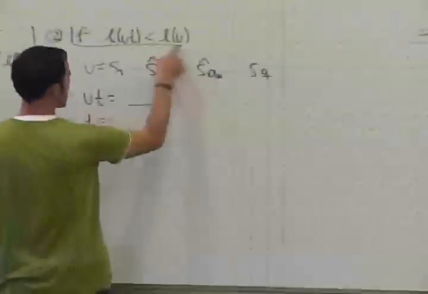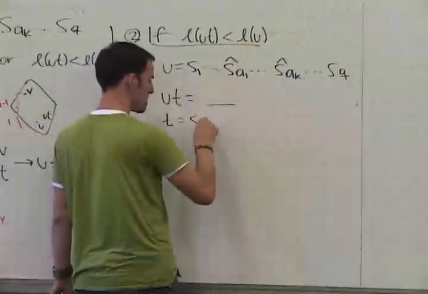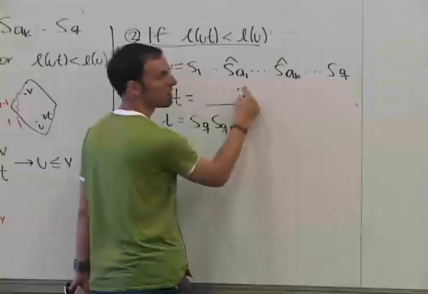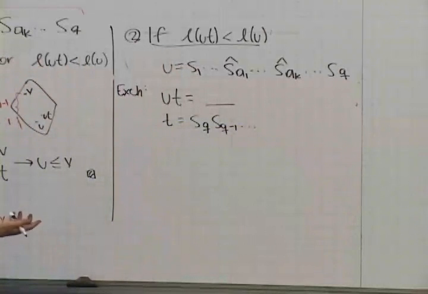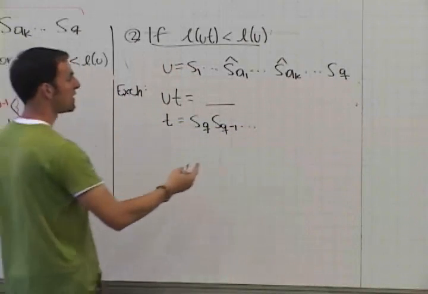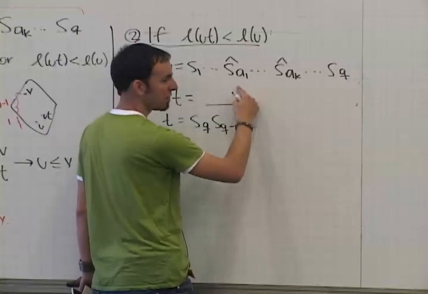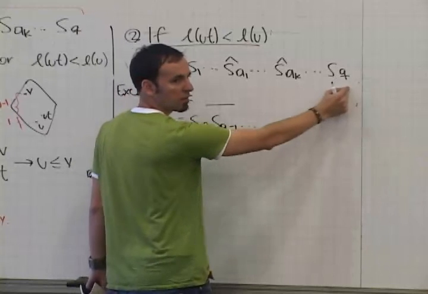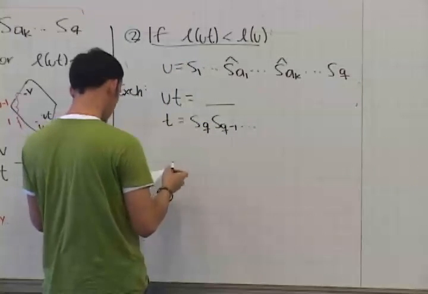Okay? So, because L of UT is less than L of U, that means that T can be obtained by starting at the end of the word, then going down somewhere and returning up to the end of the word. There's two cases. The first case is that I go past AK and back up. The second case is that I don't reach AK. Okay? So let's do the two cases.